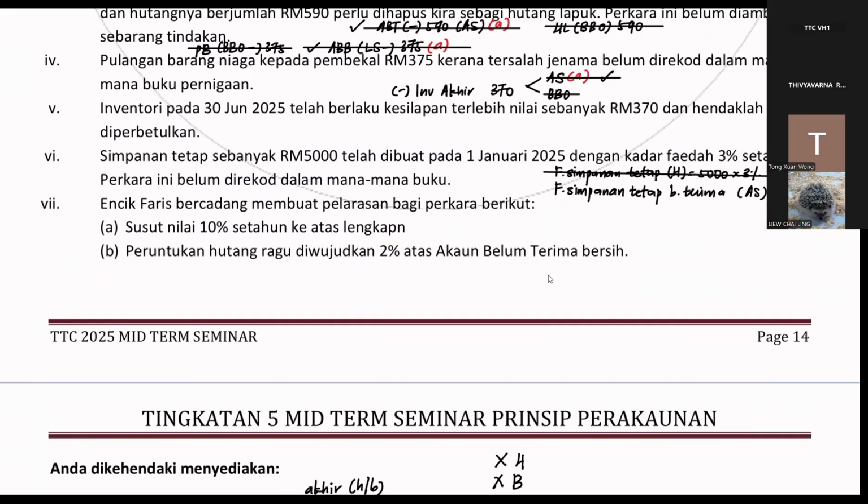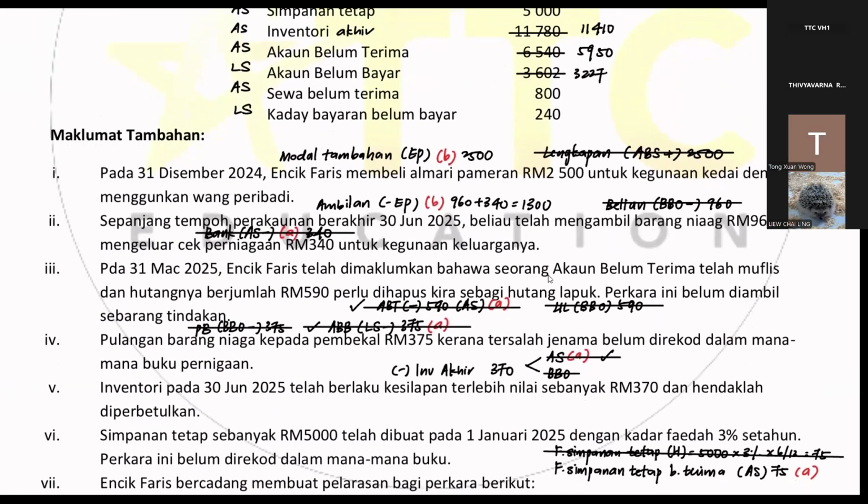And last one. Susut nilai 10% a year for the lengkapan. Okay? Then do it as usual. We must start the calculation by SN first. Always start by SN, not SNT. Okay, start by SN. SN klasifikasi belanja. Okay. But remember just now for first maklumat tambahan, we saw lengkapan, right?